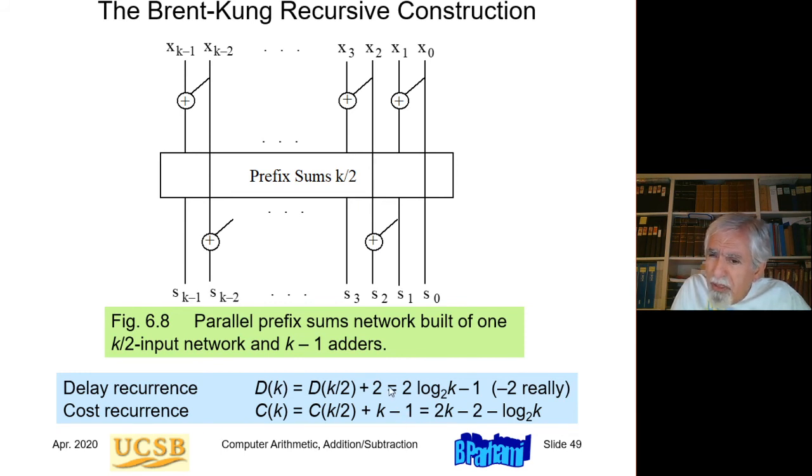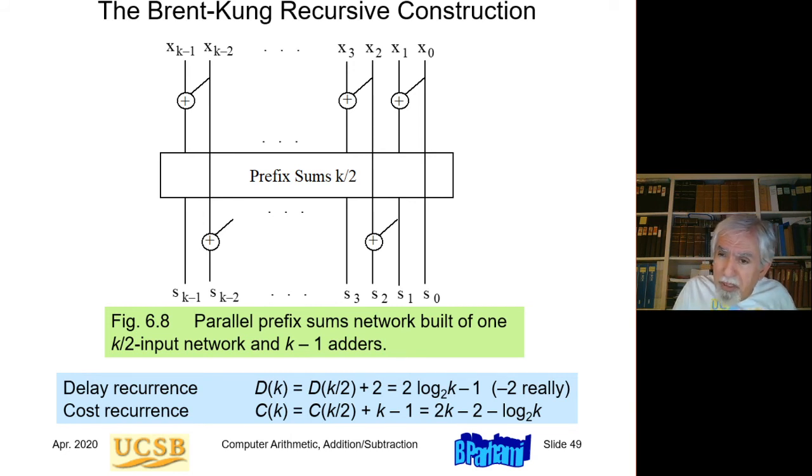So the solution to this recurrence is 2k minus 2 minus log 2k. So again, ignoring minus 2 and minus log 2k, those small terms, this is 2k. So the cost is linear, which is good. The delay is logarithmic, which is good, but is not as good as the previous design.